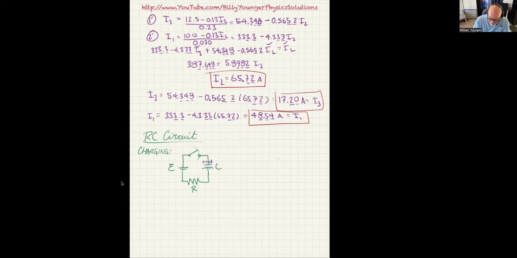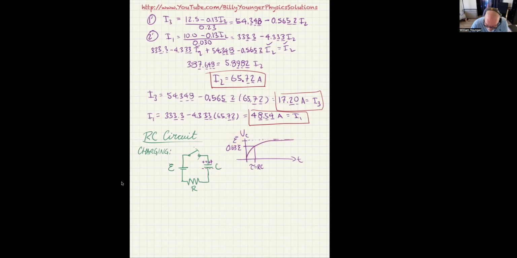So if we think about the graph of this, we can look at the next page and you'd see what we expect is the voltage starting from zero to rise, rise, rise, but it's going to asymptotically approach the voltage of the battery.